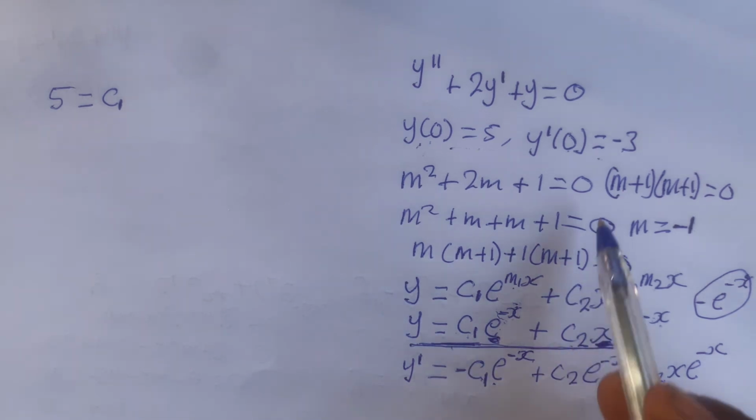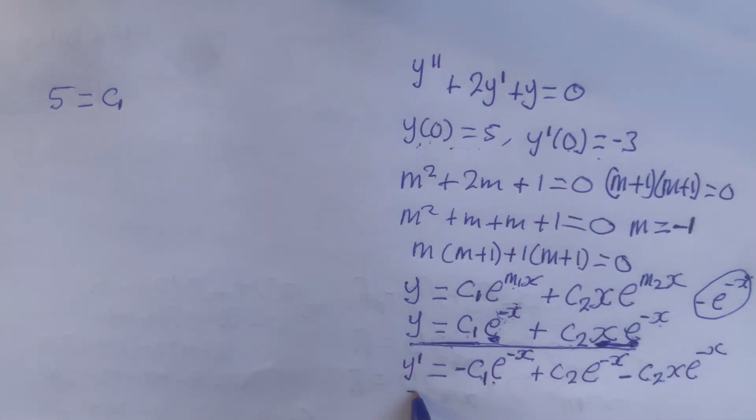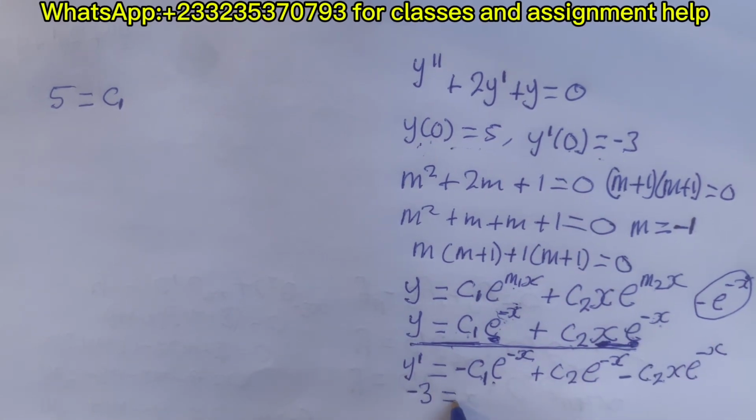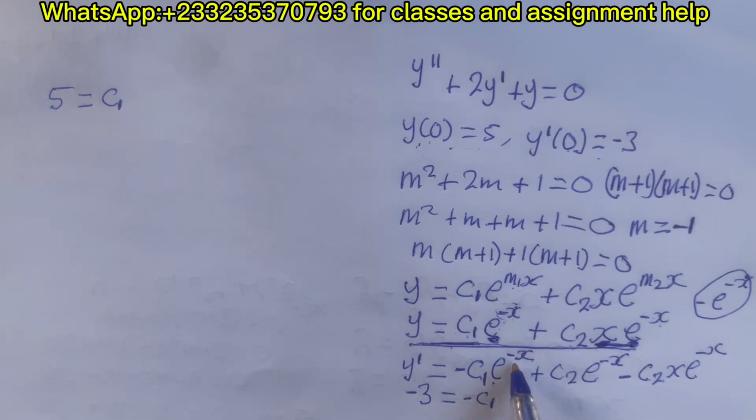So we impose the initial condition on this one. We have y prime to be negative 3, so we put here negative 3 equal negative c1. If I put x equals 0, I have e power 0, which is 1, so times negative c1 will give me negative c1. Then if I put x to be 0, e power 0 will be 1 times c2 will give me plus c2.